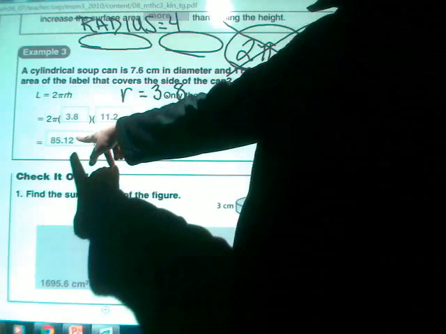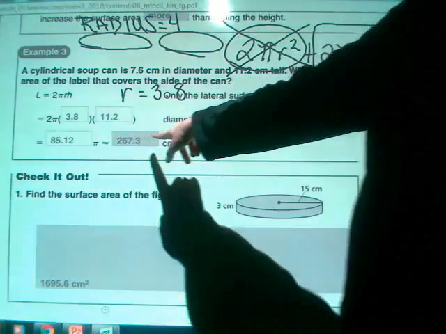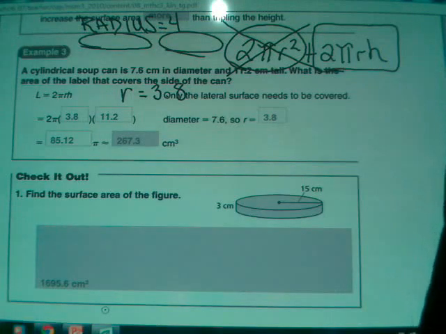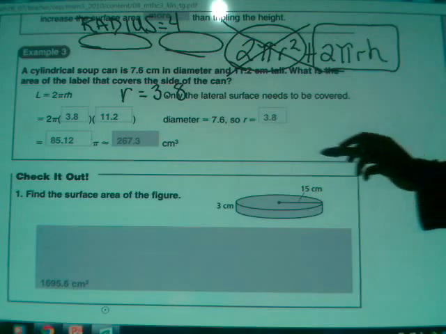So 85.12 pi would be an acceptable answer. And then you would change pi into 3.14 and do 85.12 times 3.14, which is 267.3. So the label is going to cover 267.3 centimeters, and that should really say centimeters squared, not centimeters cubed.